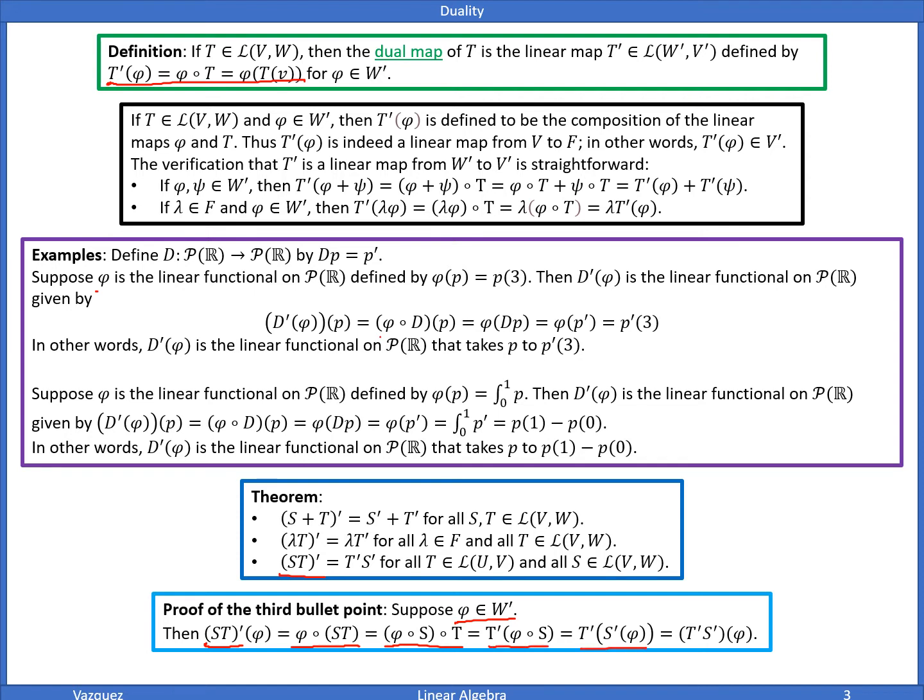Rewriting it again. Finally giving us the reverse order we're looking for: T prime times S prime of phi. So just look at that equality. All we're doing is using the definition of dual map and showing indeed that this little bullet point of the theorem holds.